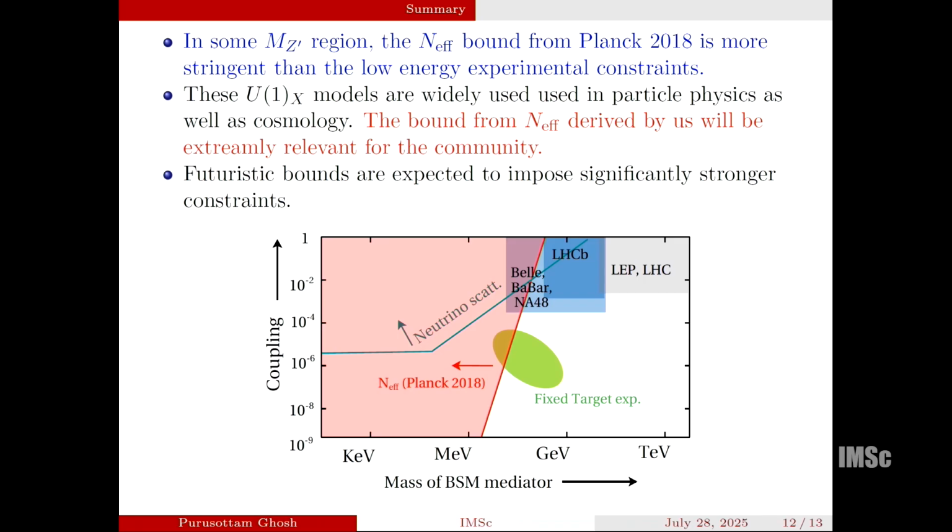We hope these bounds are highly relevant, and futuristic bounds like CMB are expected to put more stringent constraints on the parameter space of the light gauge boson. Thank you for the attention.